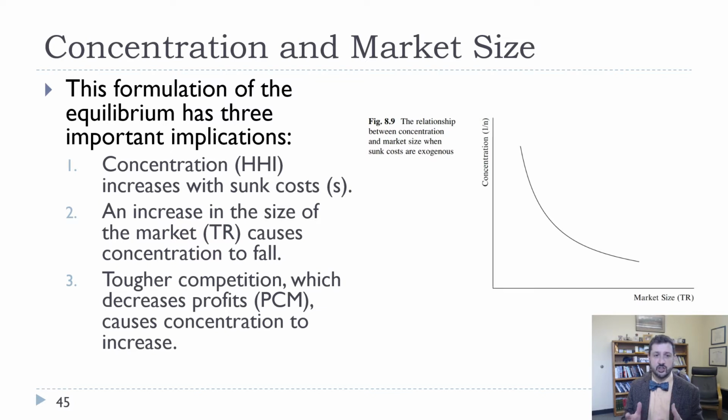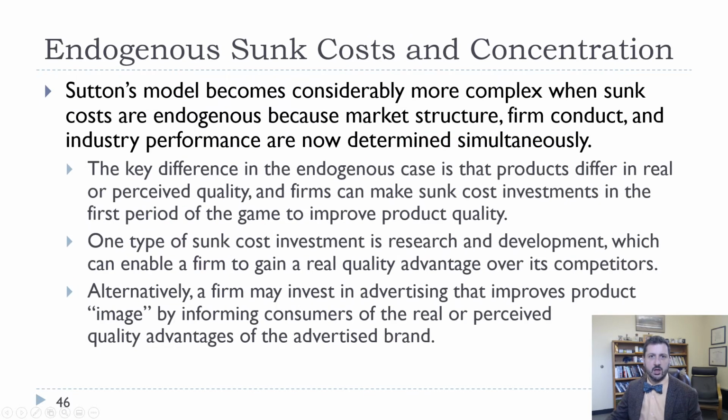And tougher competition, which decreases profits, causes concentration to increase. And so that makes a certain amount of sense because fewer firms are going to be able to enter the market, and they have more to gain with higher profits there. So with endogenous sunk costs, this is a little different, right?